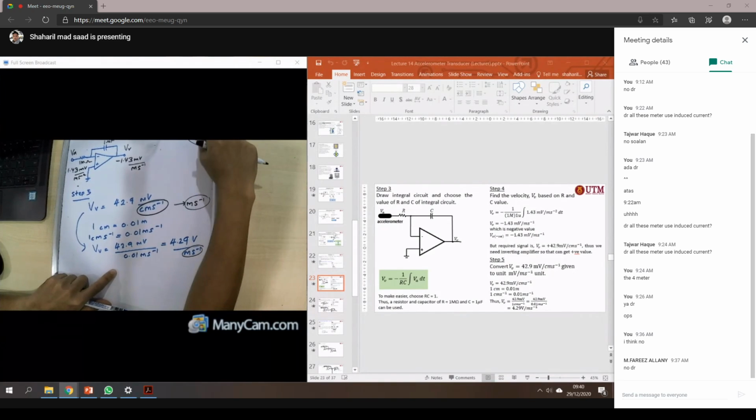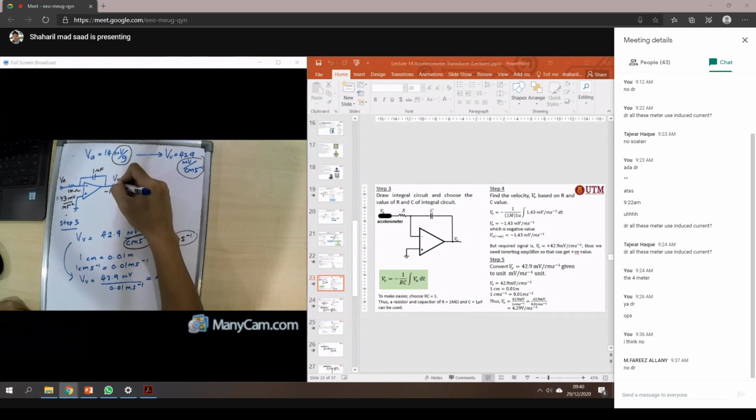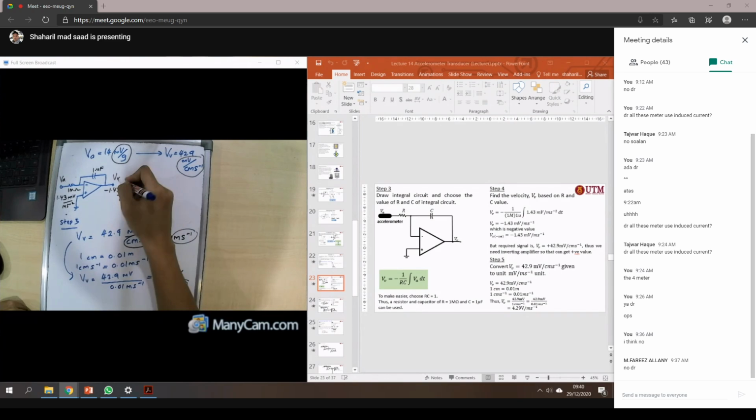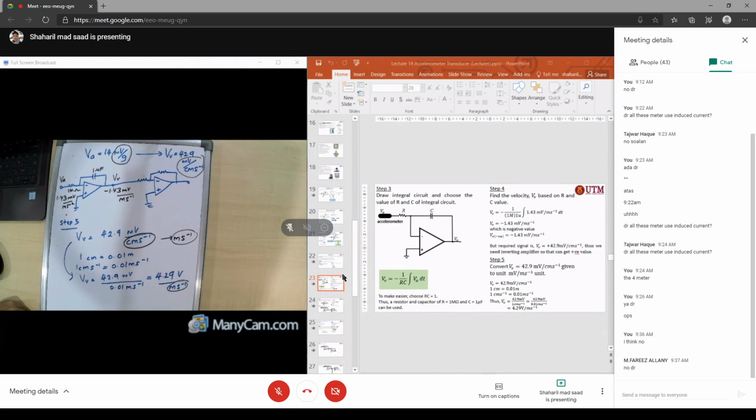So we have converted this one, centimeter per second, into meter per second. Now, you got minus 1.43, then you want to get 4.29. So what we need to have here is one more inverting amplifier.